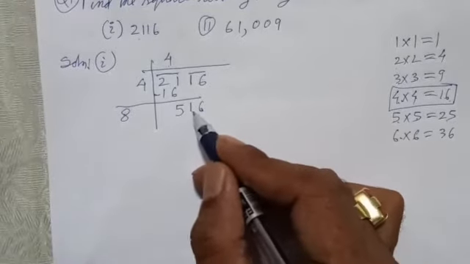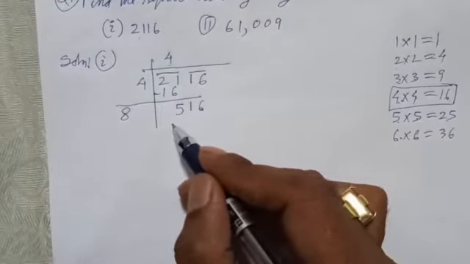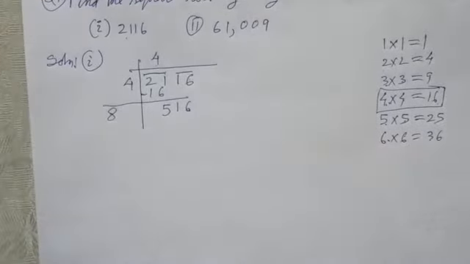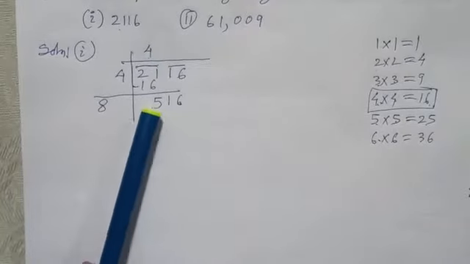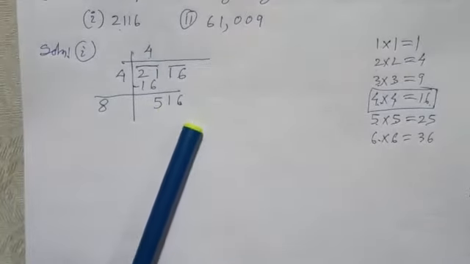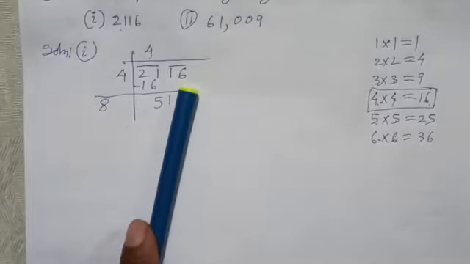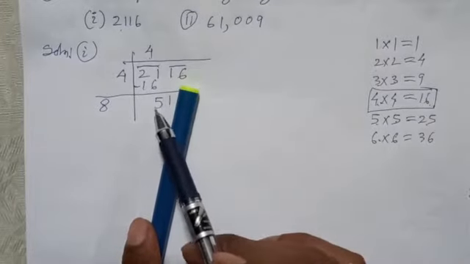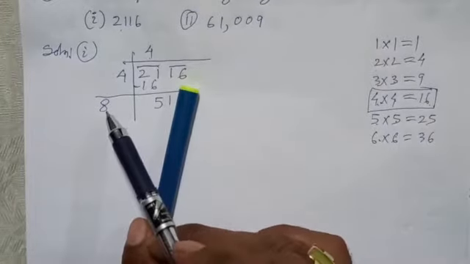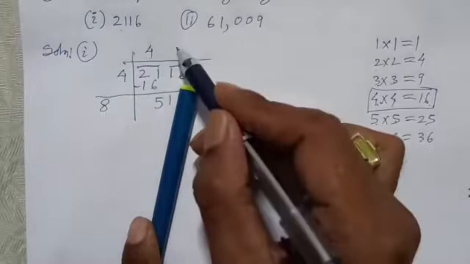Here 516 is there, and to find the number of times, we think that the ones place digit is not there. Let us suppose this 6 is not there. If we divide 51 by 8, we have to take 6 times. 6 times 8 is 48, so we take 6.